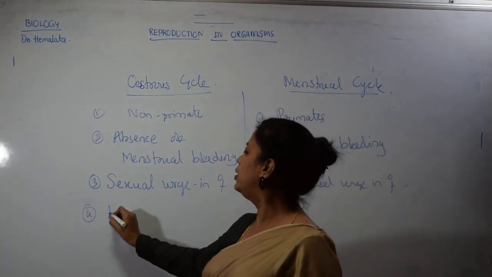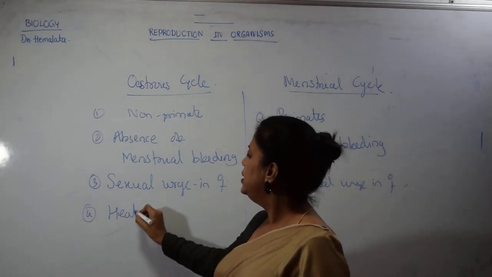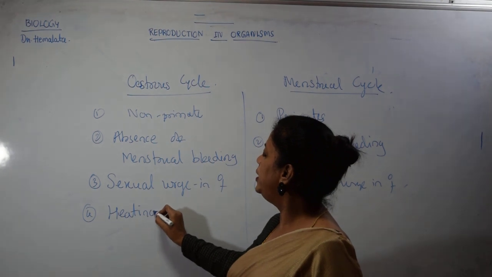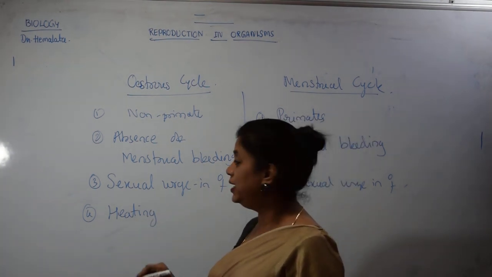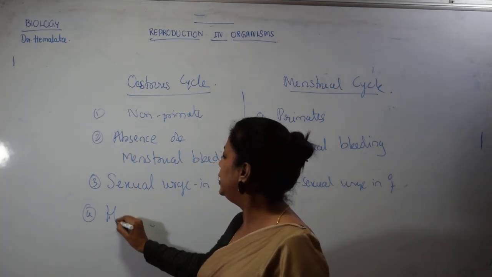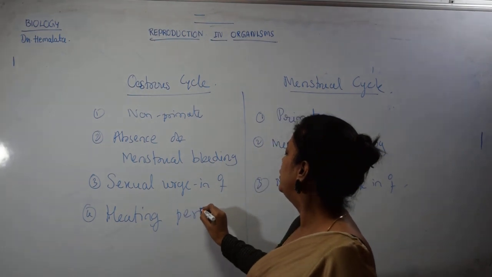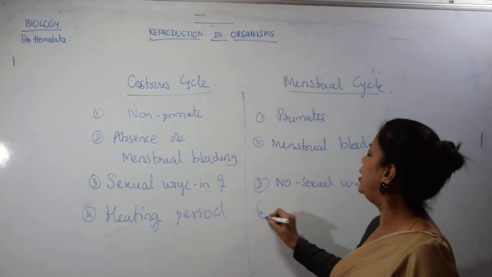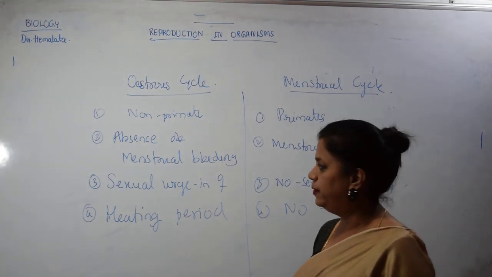normally during the ovulation period or the breeding season, there will be heating of the body, or body heat is increased. Because of the heating period, they undergo a heat period, which is not there in the menstrual cycle, right?